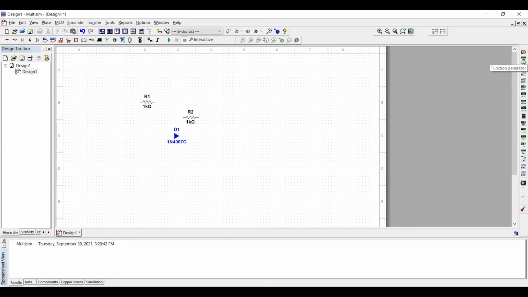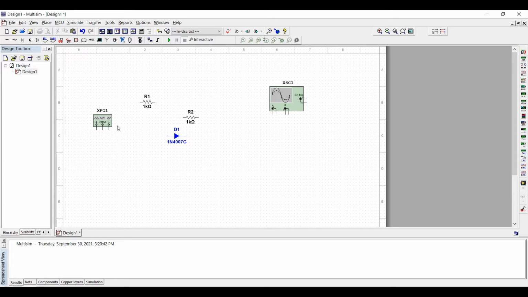Click on it and bring it to the layout. Similarly, the output you have to see is on the CRO. Remember, a CRO is just a display device. So bring the CRO. CRO is nothing but an oscilloscope. Click on that and bring it to the panel. So you have all the components with you.